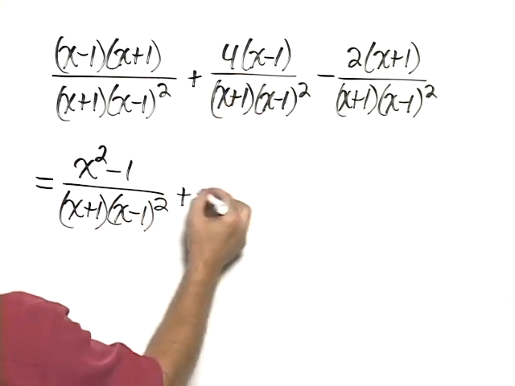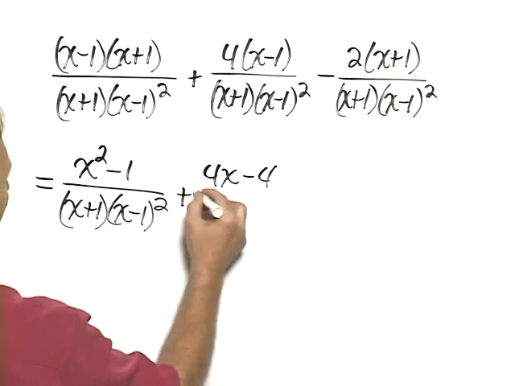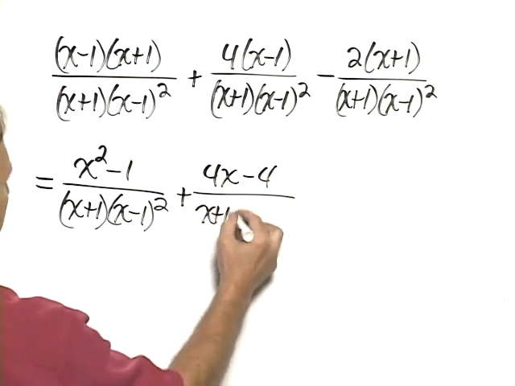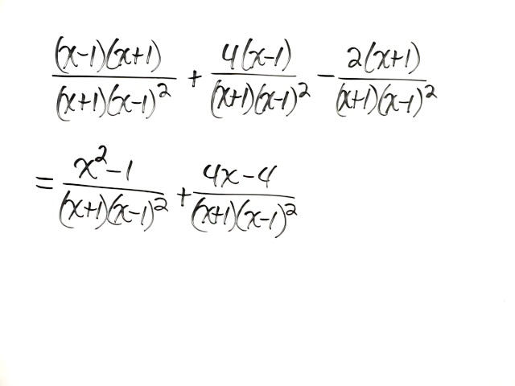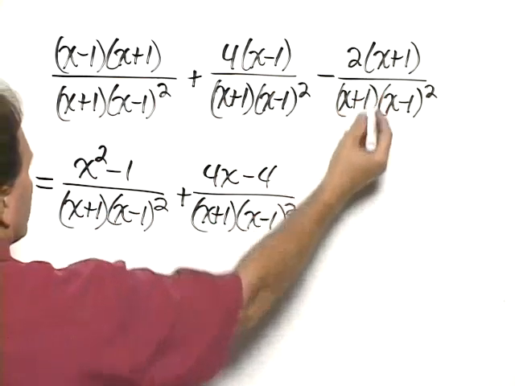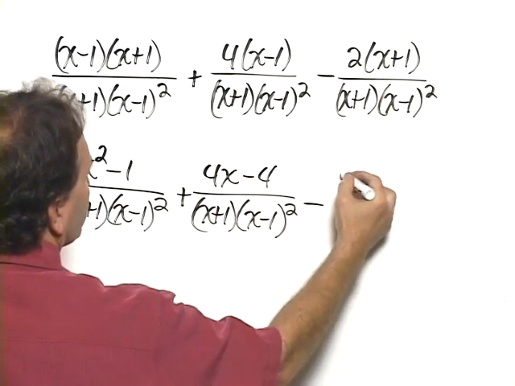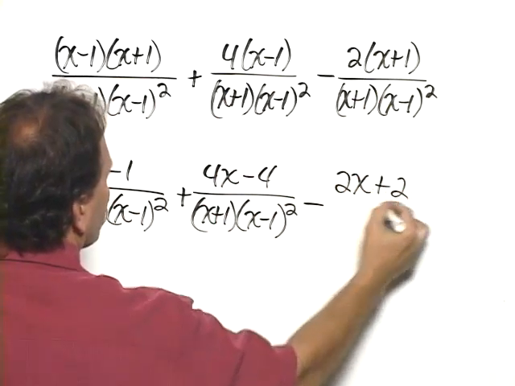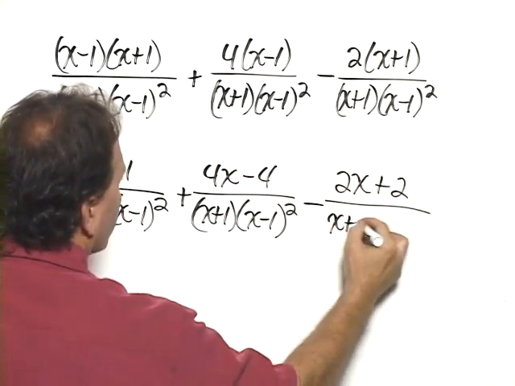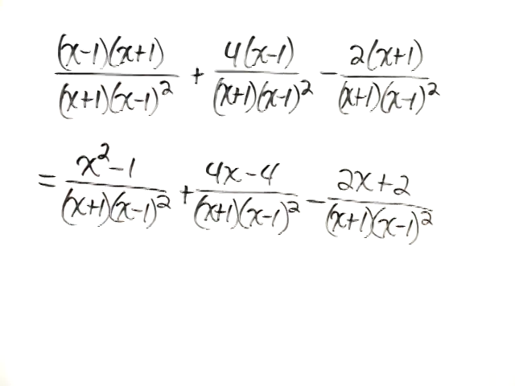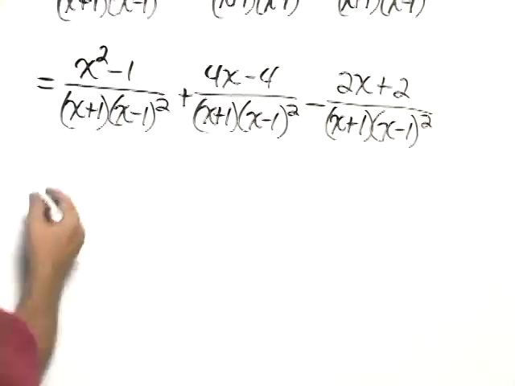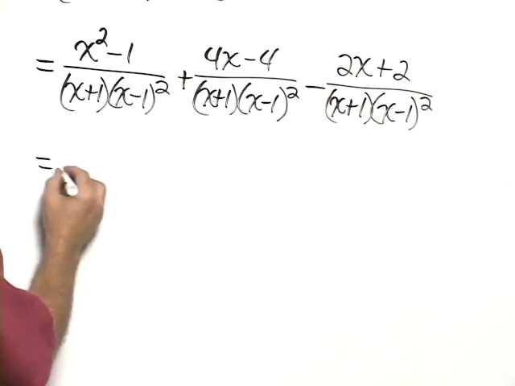In this numerator, we would have 4x minus 4 over x plus 1 times x minus 1 quantity squared. And for this numerator, we'd have minus and then 2x plus 2 over x plus 1 times x minus 1 quantity squared.